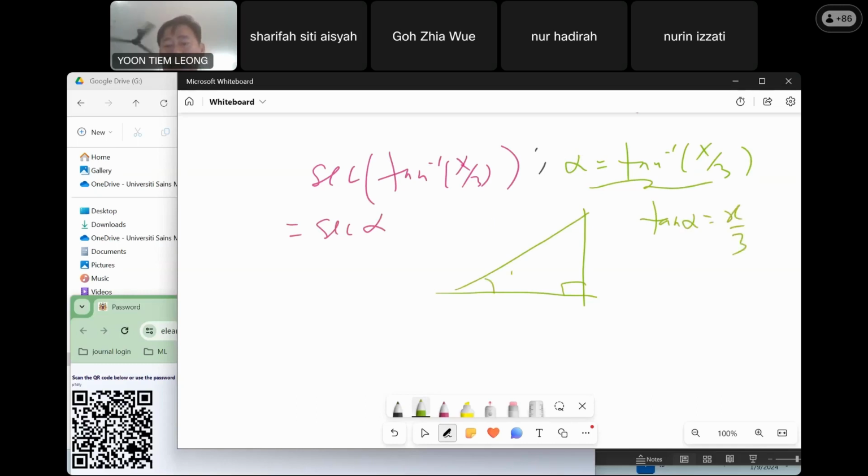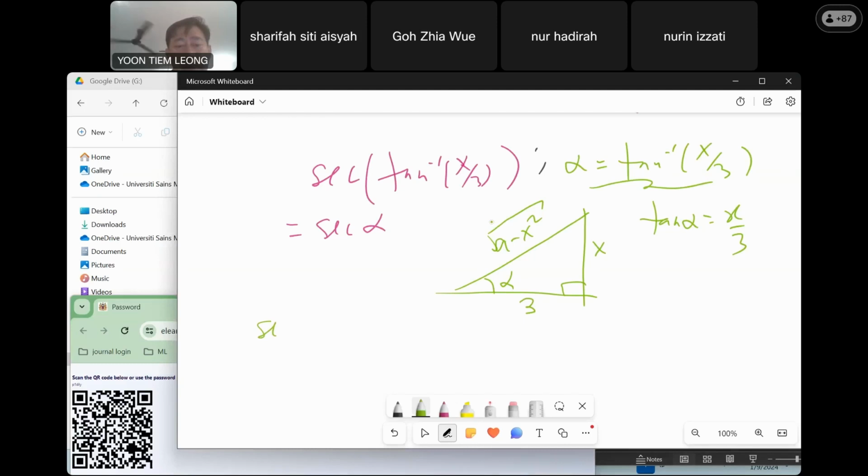By definition, the tangent of alpha is the ratio of opposite divided by the adjacent. So the opposite here is x, adjacent should be 3. Once you have written down that, then you can label the hypotenuse to be square root of 9 minus x squared. So once you have labeled all this, then secant of alpha becomes very easy to obtain.